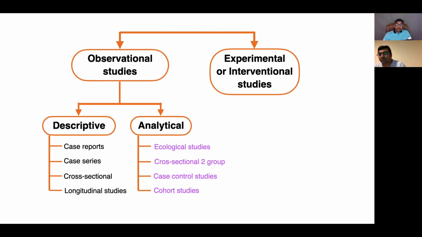You are not actually analyzing any data, so cause and effect is not proven in descriptive studies. Whereas in analytical studies, you're trying to see if there's any relationship, association, or causation. What is the direction of the effect? What is the magnitude of the effect? That's why medical statistics are involved in analytical studies.